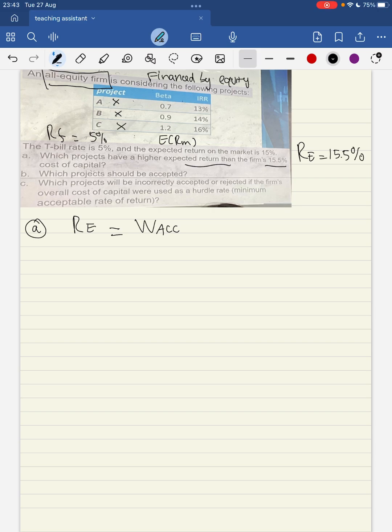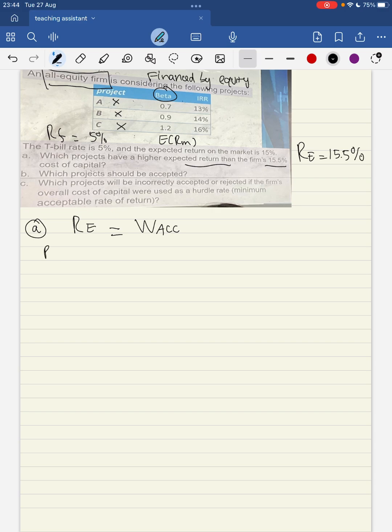And we use the SML method in order to achieve it. Since the dividend growth model is not applied here, we do not have the dividends. We do not have the growth rate. But we do have the beta of each project, and we do have the risk-free rate. And we also have the expected return on the market, 15%.